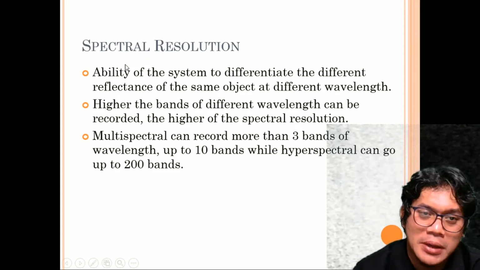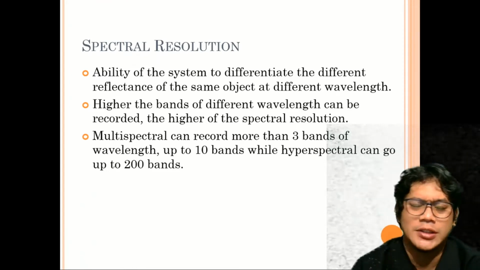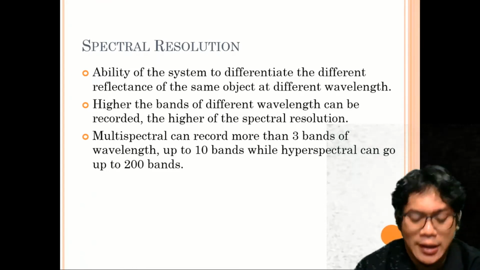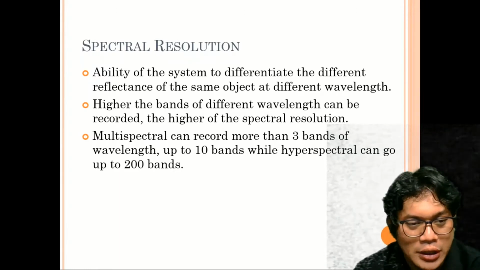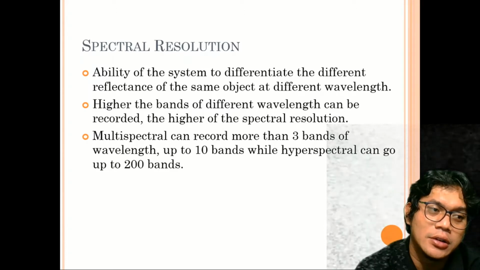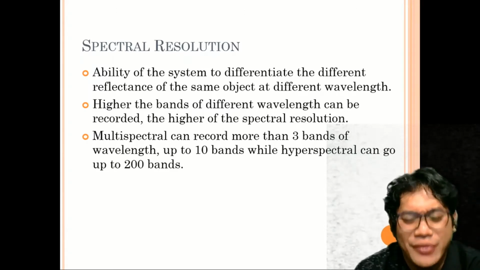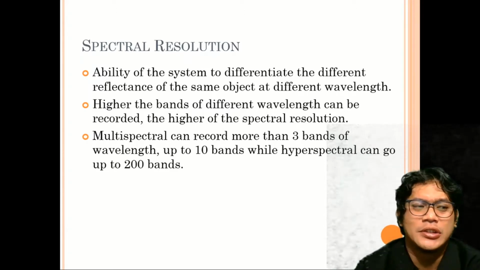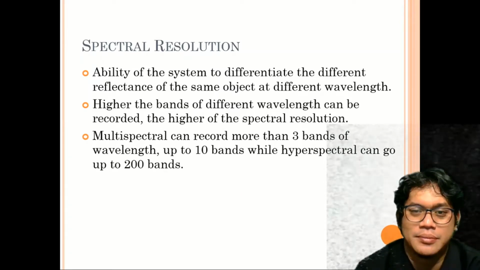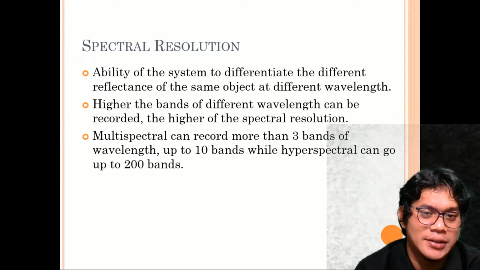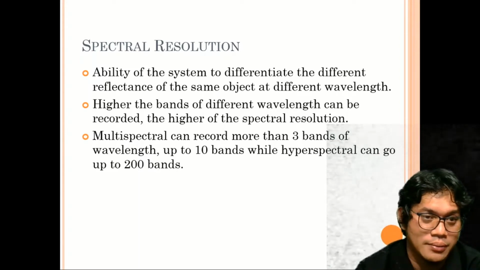Now we look into the spectral resolution. What does it mean by spectral resolution? It came from the word spectrum. I think we learned during primary school that the spectrum of color is about 7 basically. So it is the ability of the system to differentiate the different reflectance of the same object at different wavelengths.